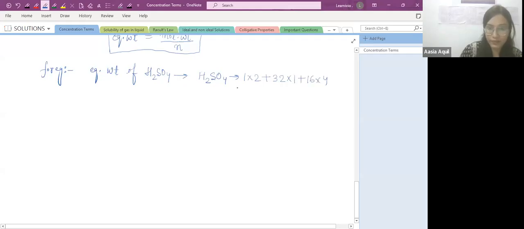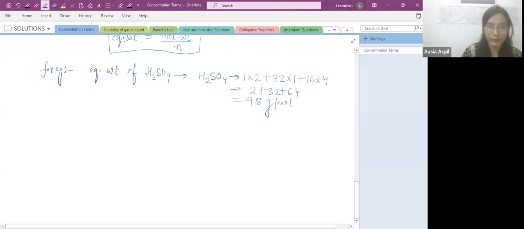What will you get? You will get 2 plus 32 plus 64. That is your 98 gram per mole. Always say the unit also. So this is the molecular weight.